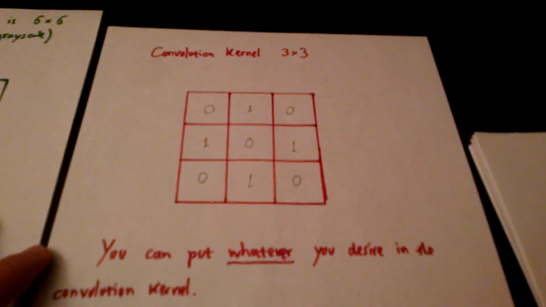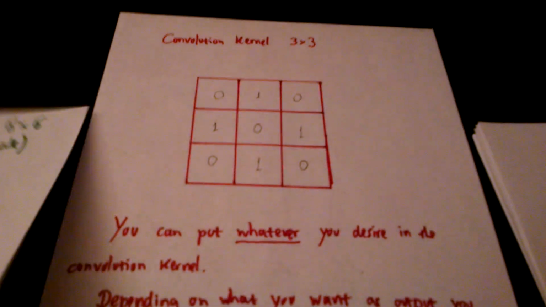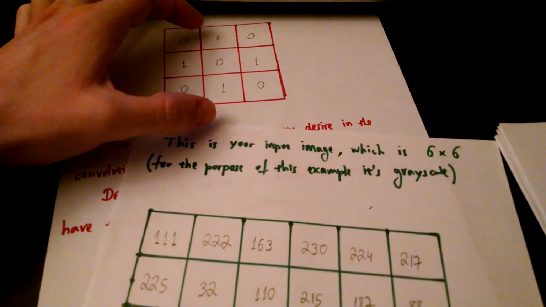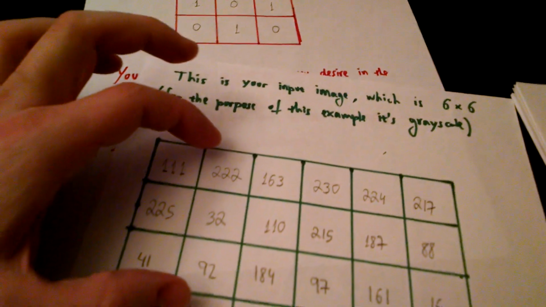The application is very straightforward. What's gonna happen is the following. We're gonna take this square and slide it through the image. The square is first gonna come over here.